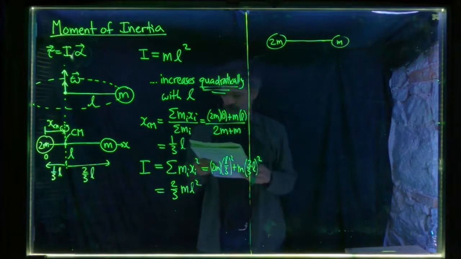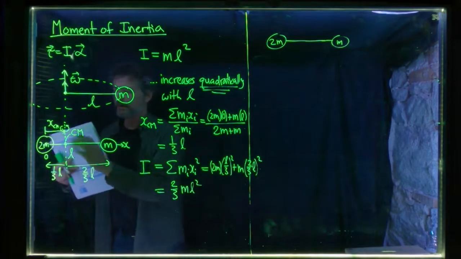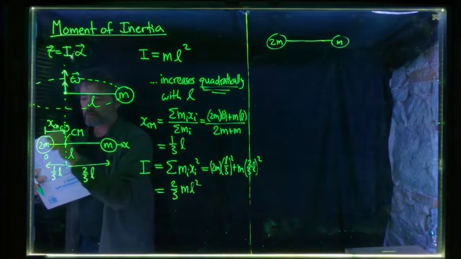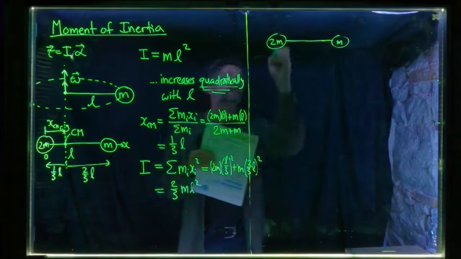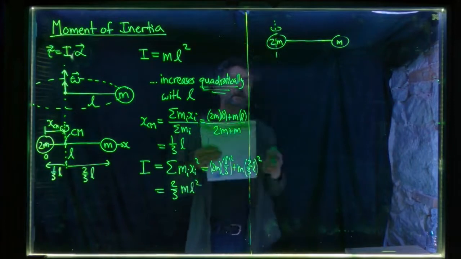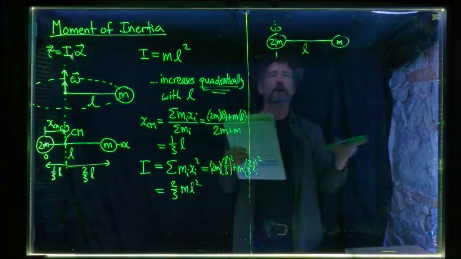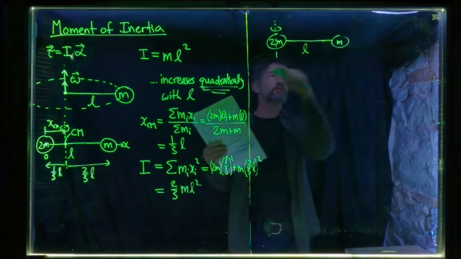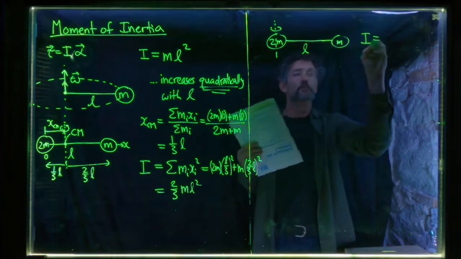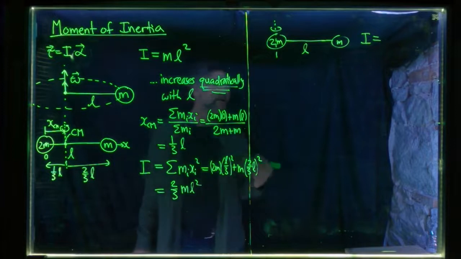Now, instead of trying to rotate it about the center of mass, we're going to move our axis of rotation to pass through the center of 2m. We're going to grab it here and try to rotate it, twisting it about here. This distance here is L, so we work out the moment of inertia for rotation about that axis. The moment of inertia is mass times distance squared, summed up.